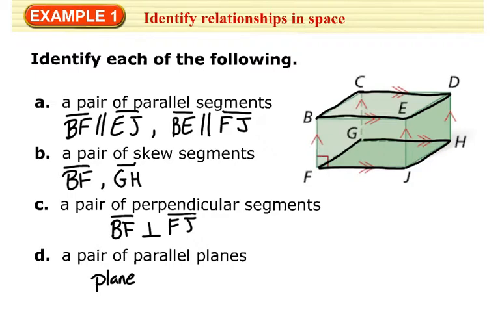BCD. There's many names for that plane. It's parallel to plane FGH. And there we go. We're done identifying these following relationships between lines and planes. All right, let's look at another one.